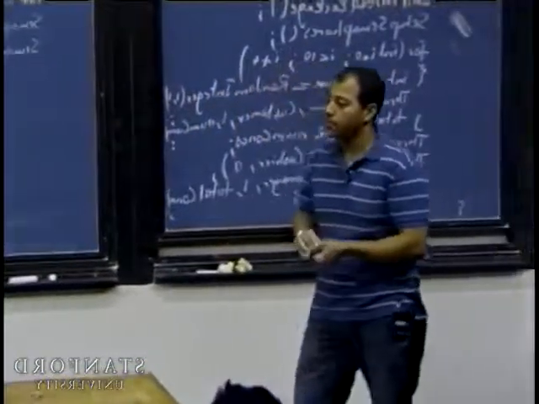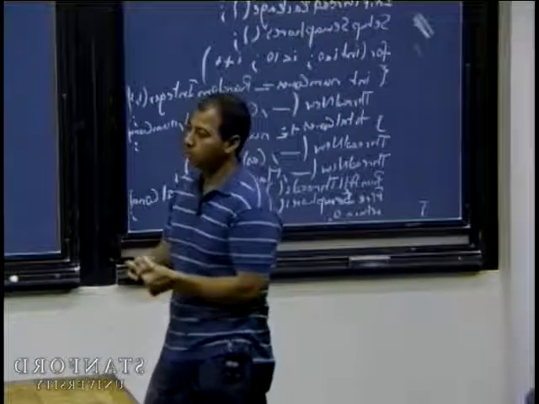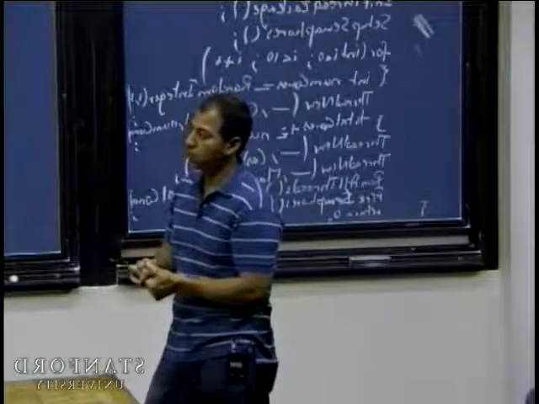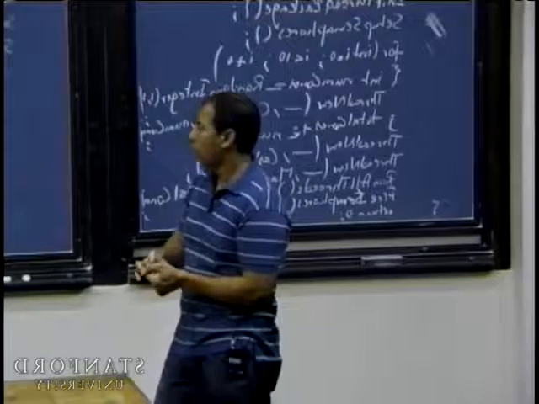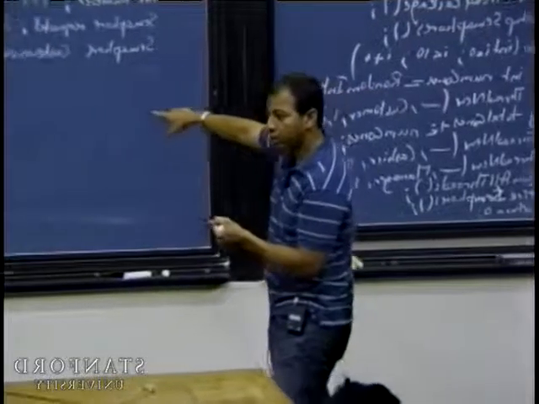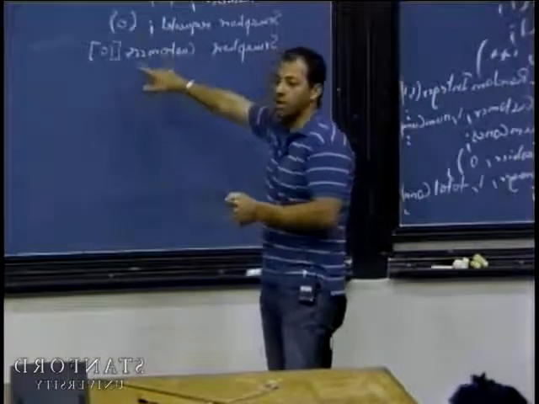Yes? If you have multiple semaphore waits, and if you do just one signal, will all of them wake up or just one wake up? Are you talking about those arrays that I'm having in here? When you do a wake up, you wake up the specific semaphore. You don't wake up any one of them.